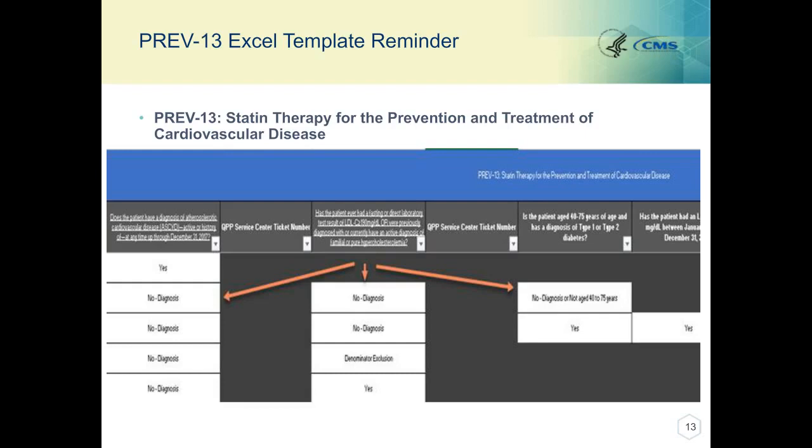And then under the question, is the patient age 45 to 75 years of age and has a diagnosis of type 1 or type 2 diabetes? Here in risk category 3, we've selected no diagnosis or not age 40 to 75 years if the patient is outside of that age range. Next slide.